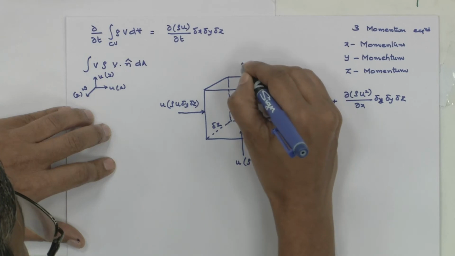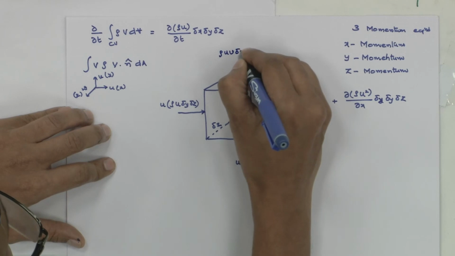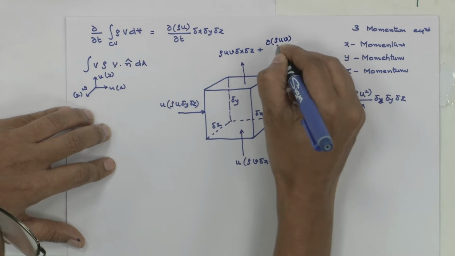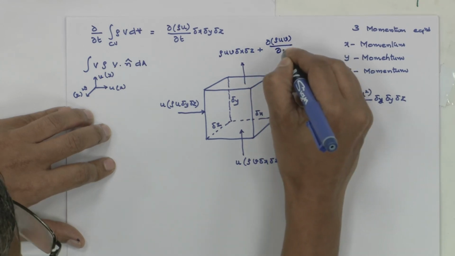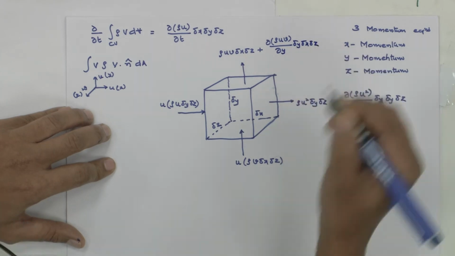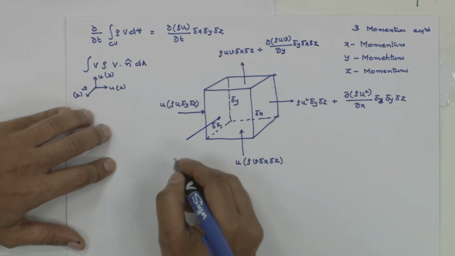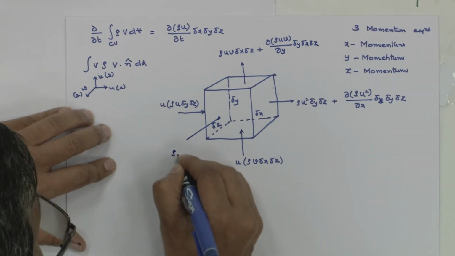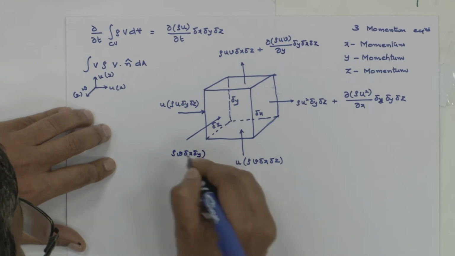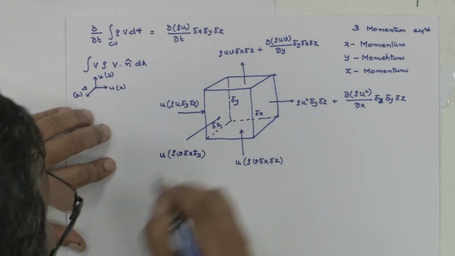So, what is getting out is rho u v delta x delta z plus del of rho u v upon del y delta x delta z. Similarly, for w, same thing. Flow rate in the z direction is rho w delta x delta y. What is the momentum we are bookkeeping? X, that is u.